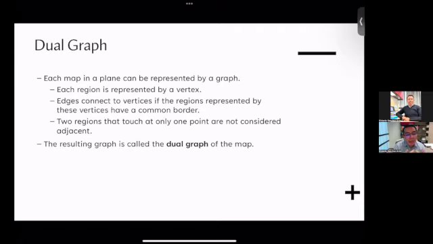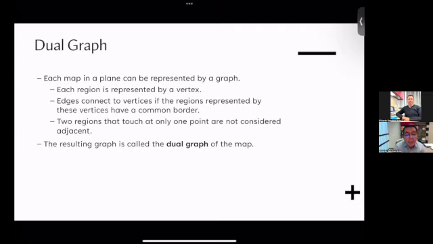We represent every region on the map by a vertex on my graph. The edges are going to be connecting vertices if the regions that are represented have a common border. And of course, again, we will consider that common border means a segment and not just one point.